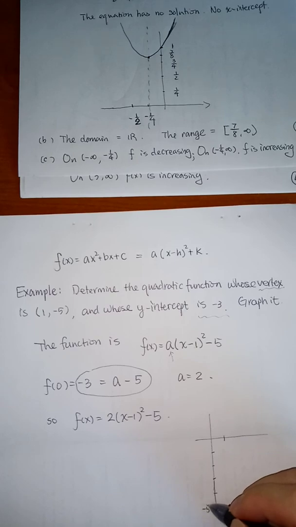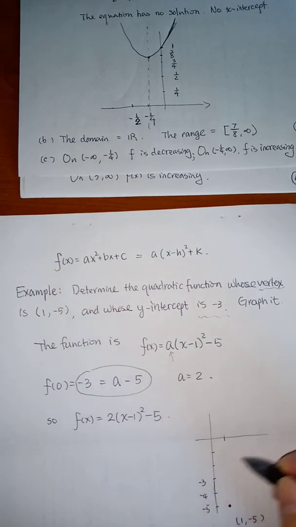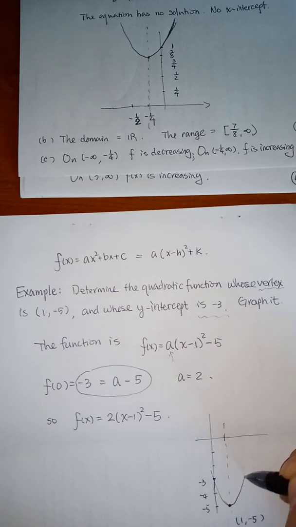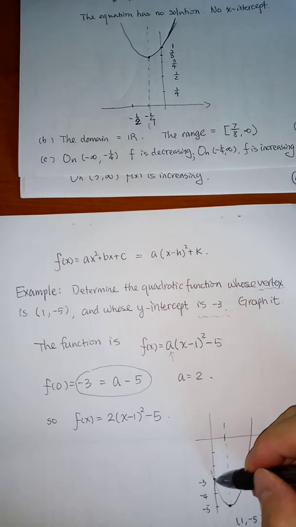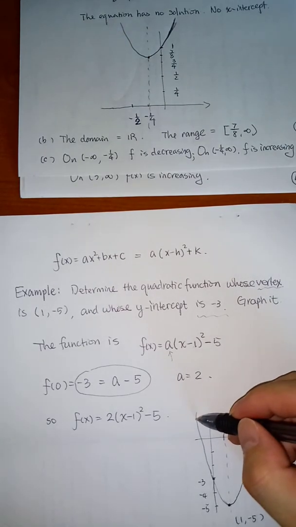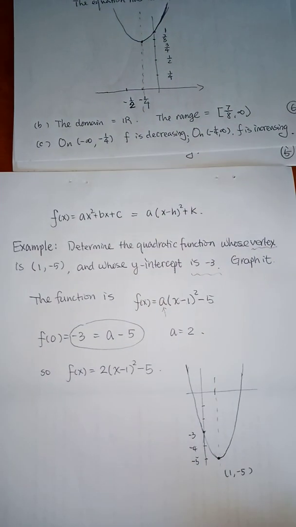So -5, -4, -3. And this is the axis of symmetry. It opens up. So we only sketch it. So that's it.